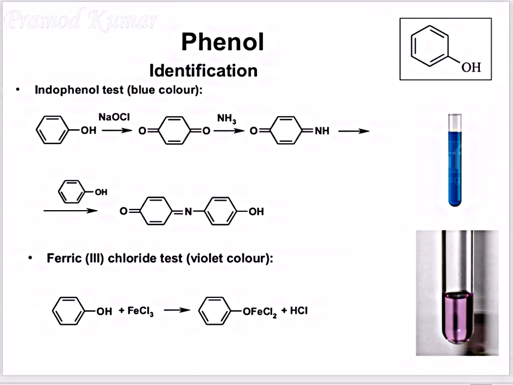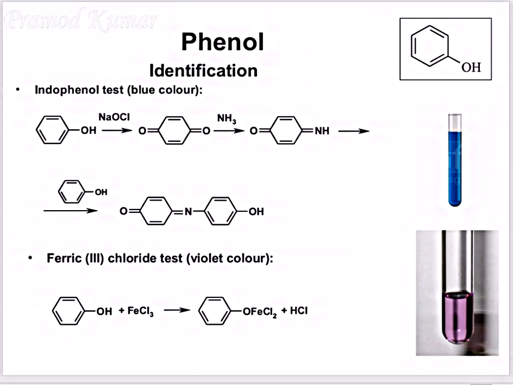Now let's go for the second step. You have done this last year in your PUC 1 practical, when phenol is treated with ferric chloride. You get a white precipitate, a complex with ferric, FeCl2 plus HCl.